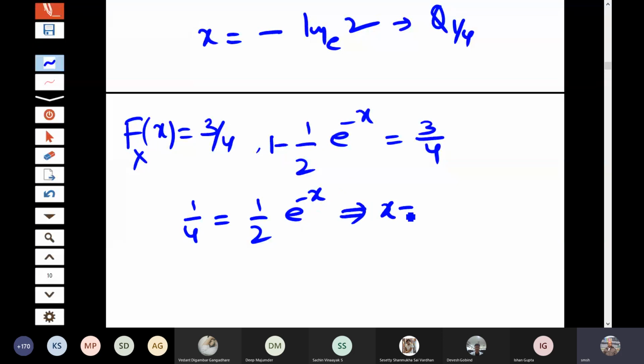This implies x is equal to log of 2. So this is the third quartile. So I have given you some very simple example of calculation of the quantiles. I hope these calculations are clear here.